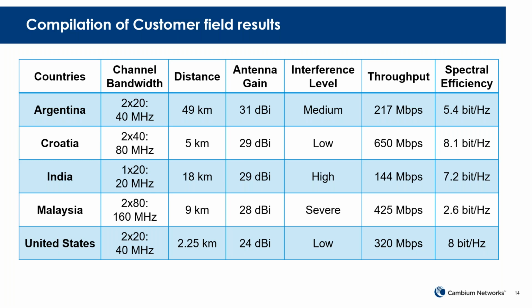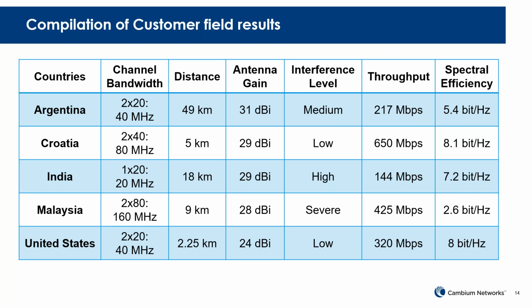Next one I have here is a 65-kilometer link with 1 gigabit aggregate requirement, can it be supported? The question is, can we support 1 gig with 65 kilometers? Well, it really depends.